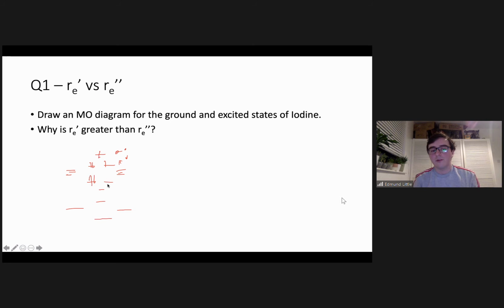Then all of these are full. It's a bit rough, but do any of you have any thoughts about why that might increase your bond length?